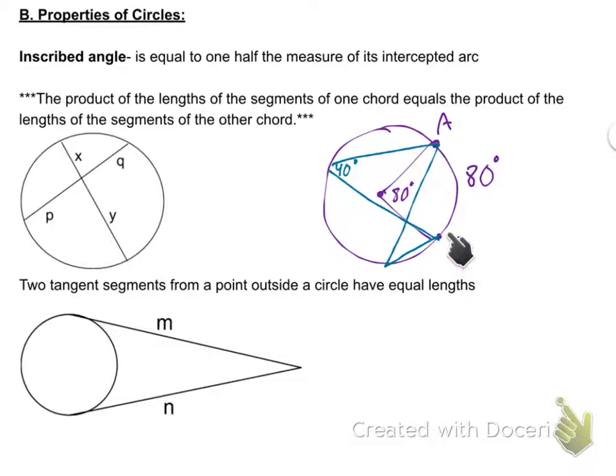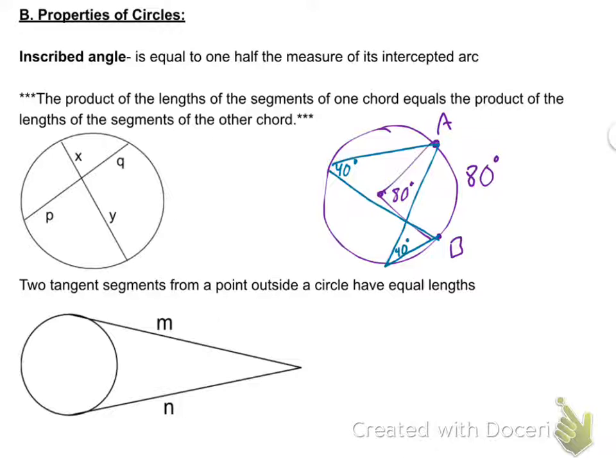The arc is 80, so that means the inscribed angle is 40. 40 degrees. No matter, as long as they come from both A and B, it's going to be half. Do you guys see this? Pay attention. As long as the angle opens to A and B, it will have to be half of it.